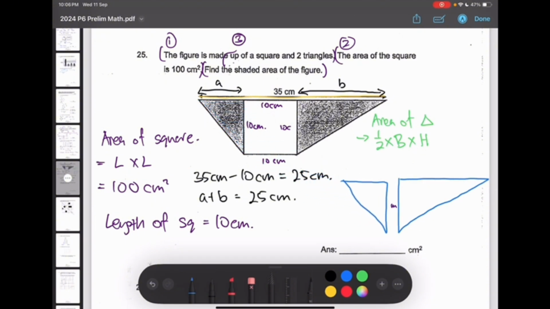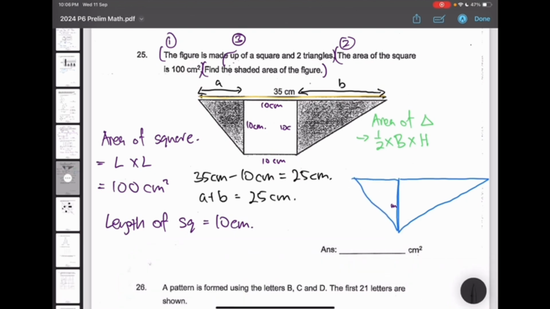Alright, and you see if I join them together, I form one big triangle, and I know that this side is B and this side is A, and A plus B gives me a total of 25 cm. And the height remains the same, the height being 10 cm.